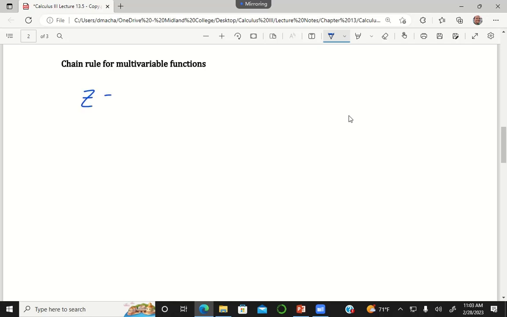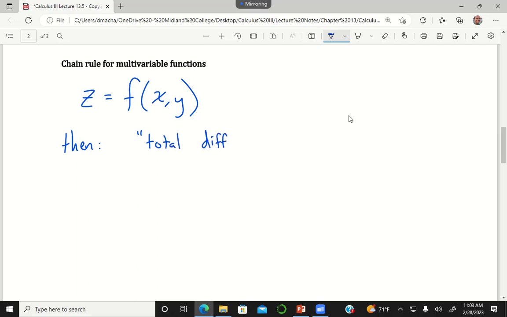If I have a function where z is my dependent variable, and this is a function of x and y, then what we call the total differential is lowercase dz, and it's equal to partial z partial x dx plus partial z partial y dy.